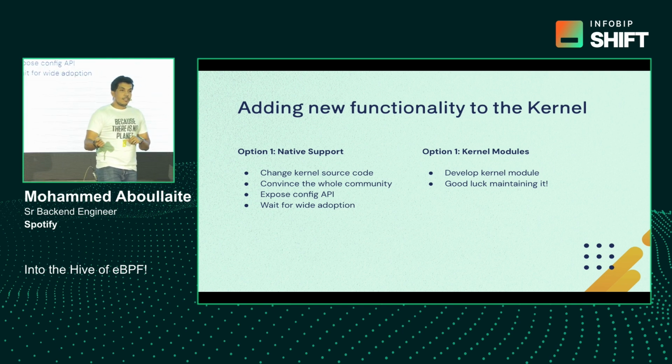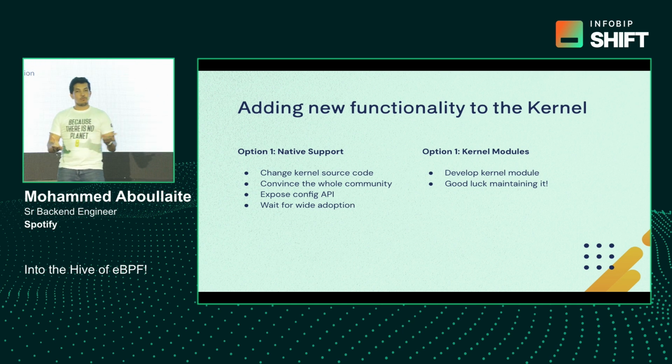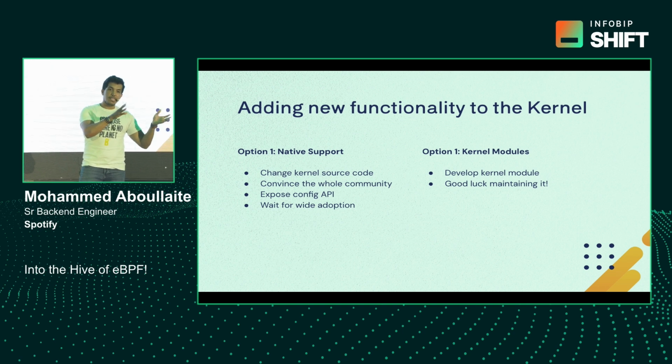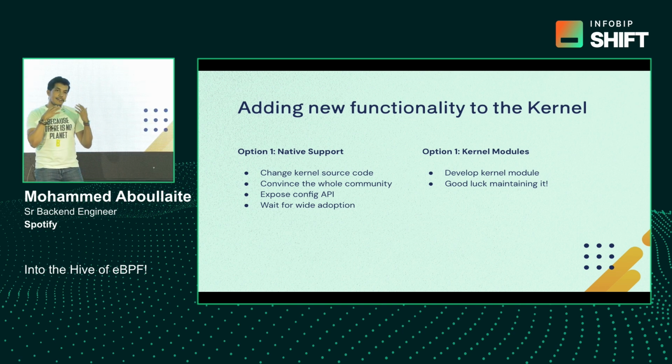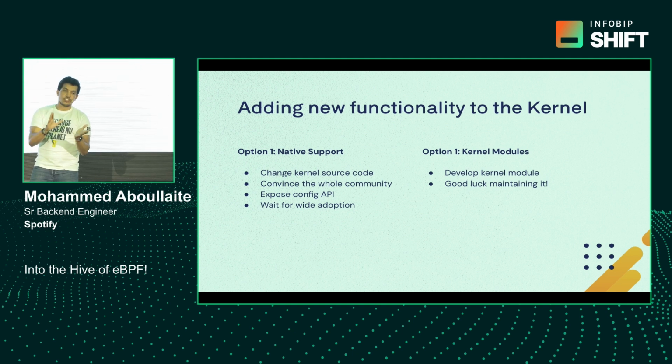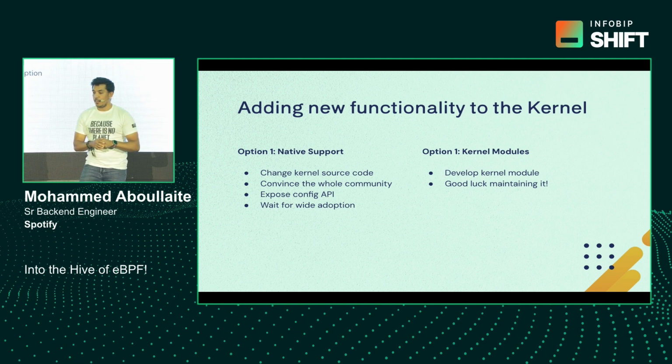The second option we had is basically Linux modules. That's what we did. The option is basically building your own Linux module, where you have to call unstable APIs within the Linux kernel that are not meant to be used by the public. Their functionalities are only used within the Linux kernel.